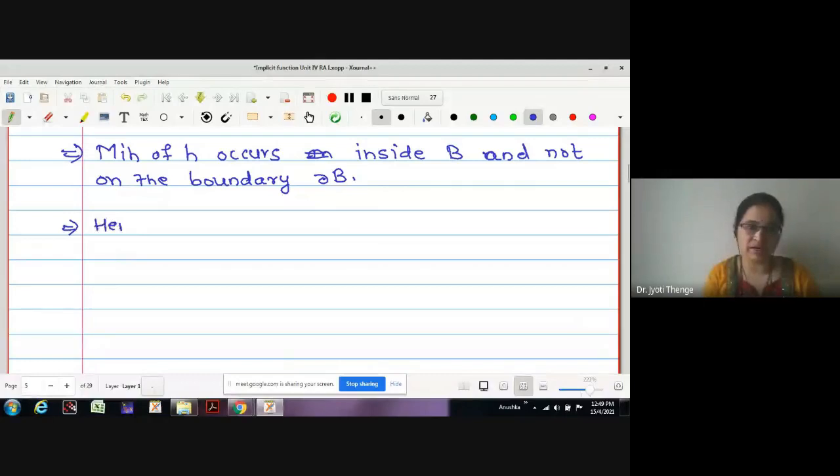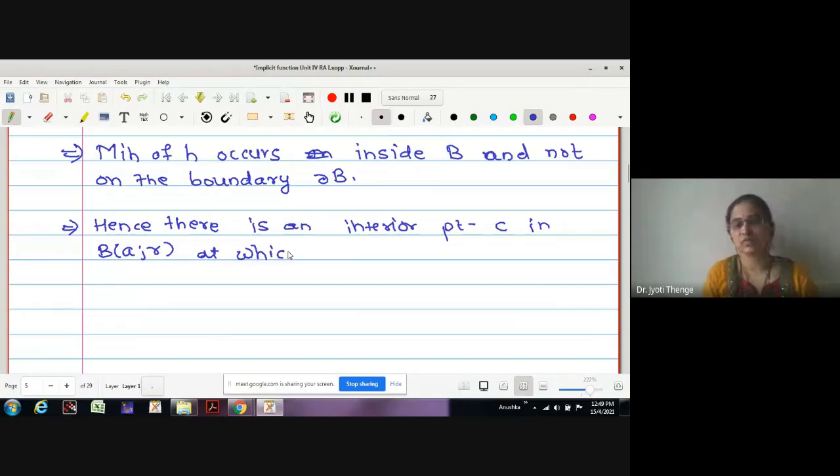Hence, there is an interior point C in the ball B of A comma R at which h attains its minimum.